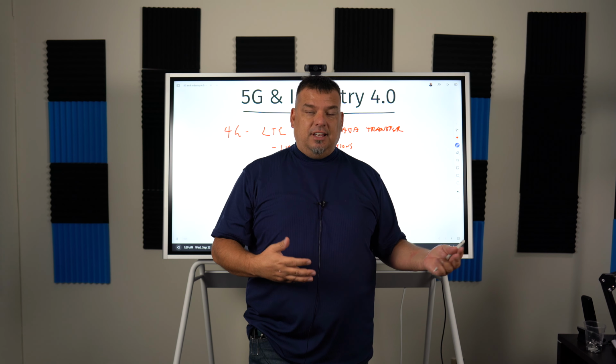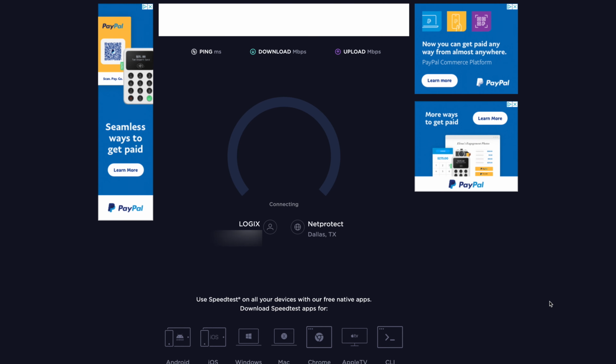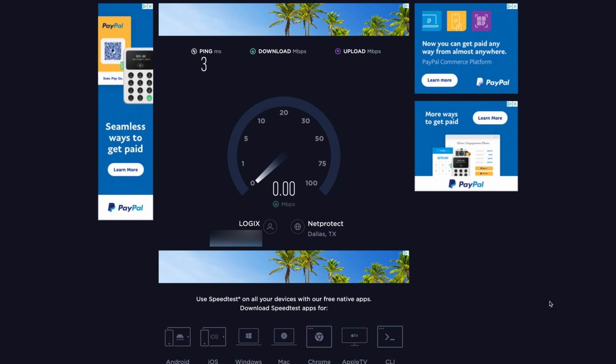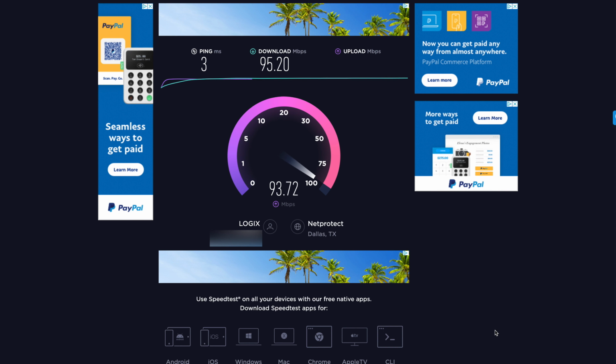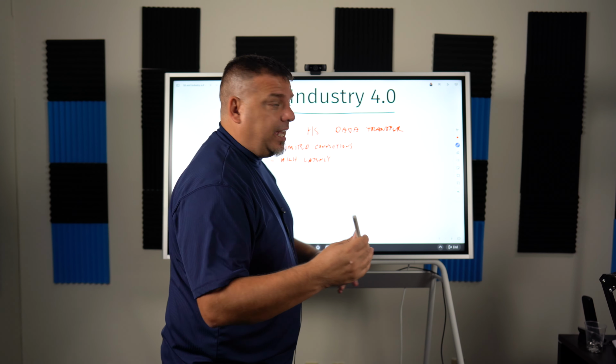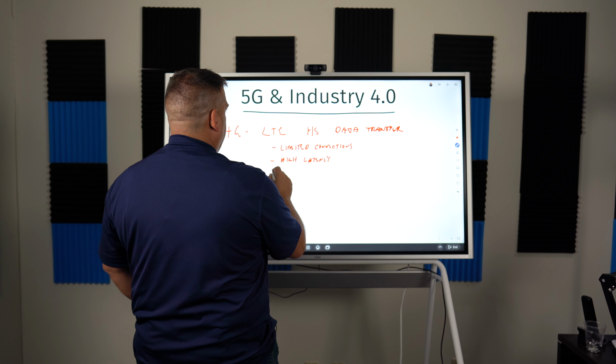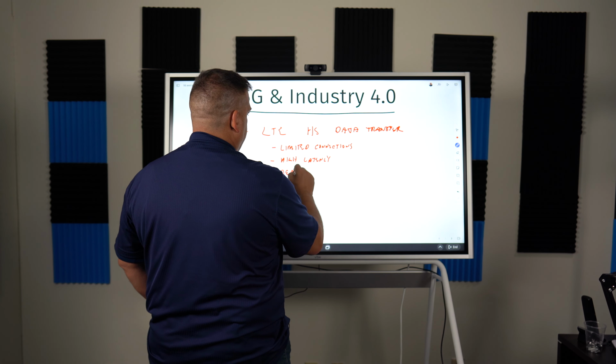That's called latency. If you ever want to test this, just download Ookla's Speedtest. It'll show you 2 things: latency, which is how fast I received my response, and then bandwidth, which is how much room there is on the road for me to download stuff per second. So 4G had limited connections, high latency, and decent bandwidth.